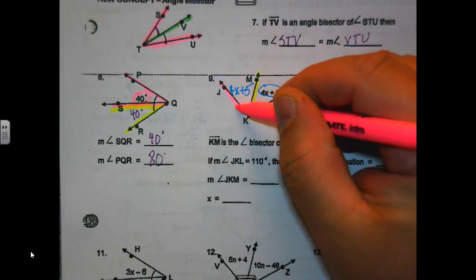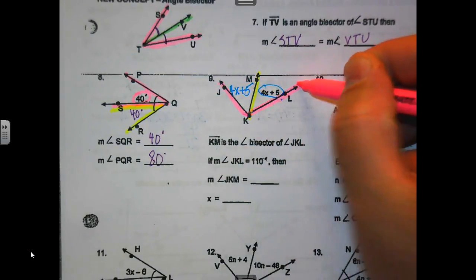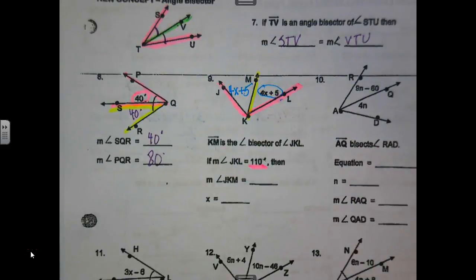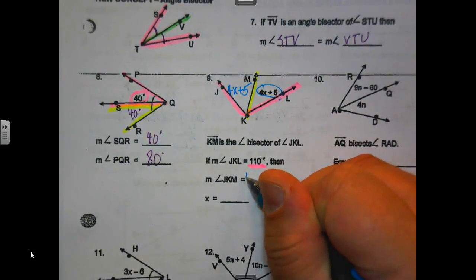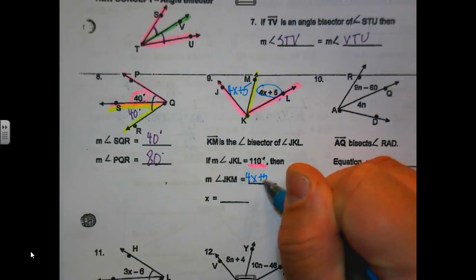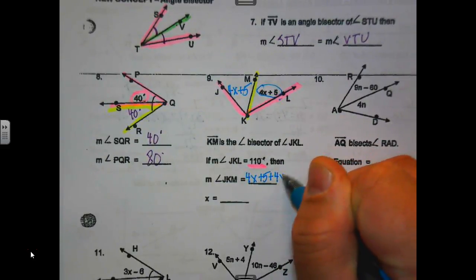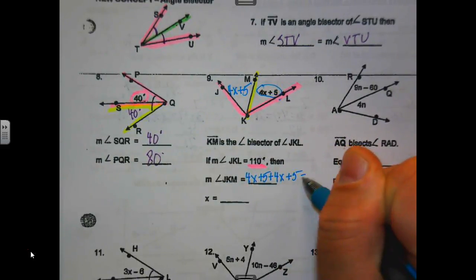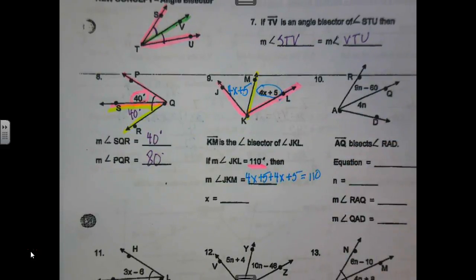All right, the measure of the big angle here, JKL, is 110. Yeah, that is one way of doing this. You can take 4x plus 5 plus 4x plus 5, that's going to equal 110. Or you can just take one of them and set it equal to 55.